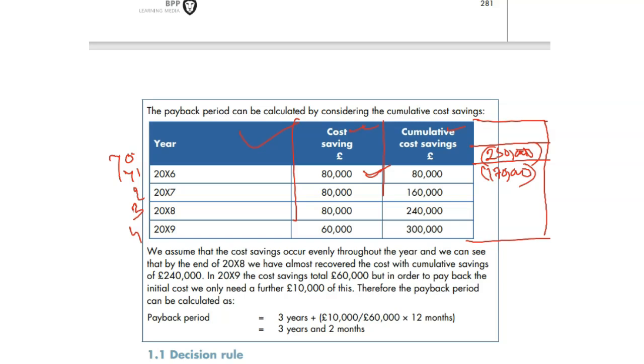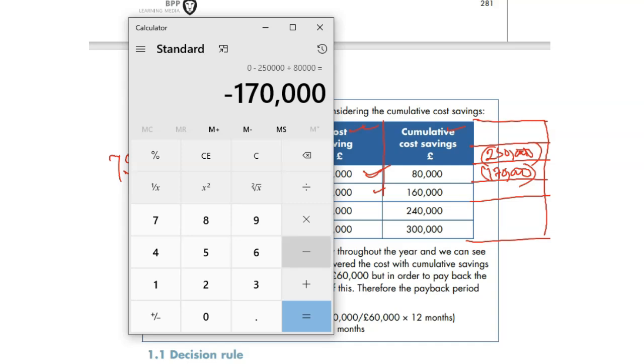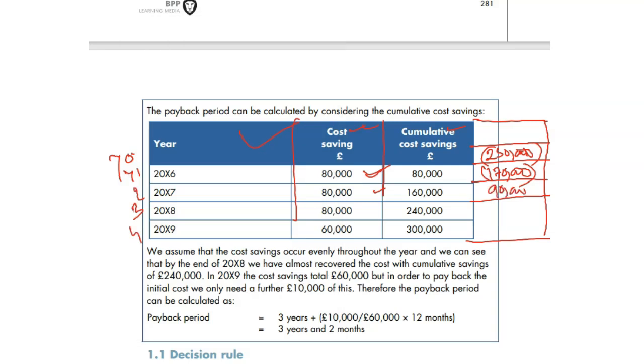That's the savings they're saying, but let's assume we receive that. The second year we're receiving 80,000 more. So with this minus 170,000, if you add 80,000 more, you're still 90,000 minus, aren't you? Your investment has not been paid back yet.